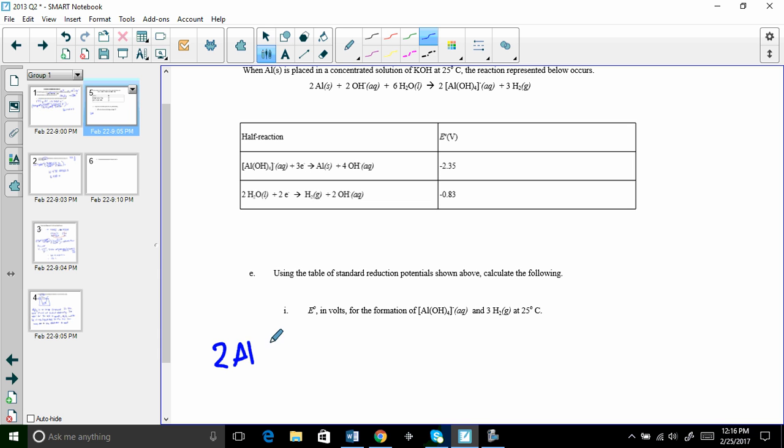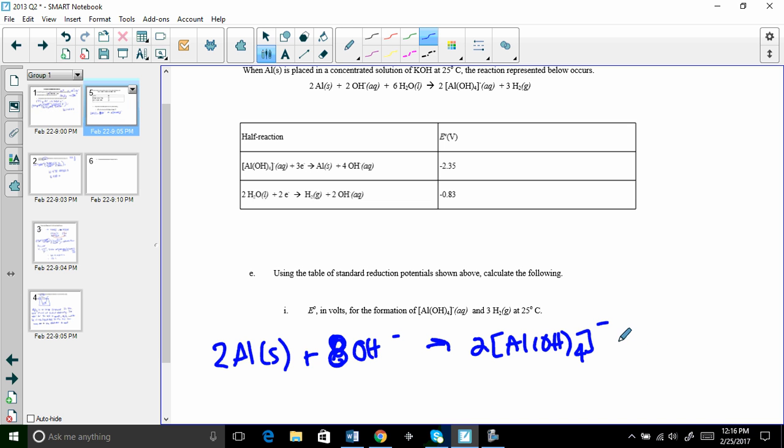So 2Al(s) plus, and I'm doubling it, plus 8, not add, but multiply, OH minus goes to 2AlO4 minus plus 6 electrons, because notice we doubled everything. So there's a 2, there's an 8, there's a 2, there's a 6. We don't multiply the voltage by the 2, but we do flip it. So this is positive 2.35 volts.